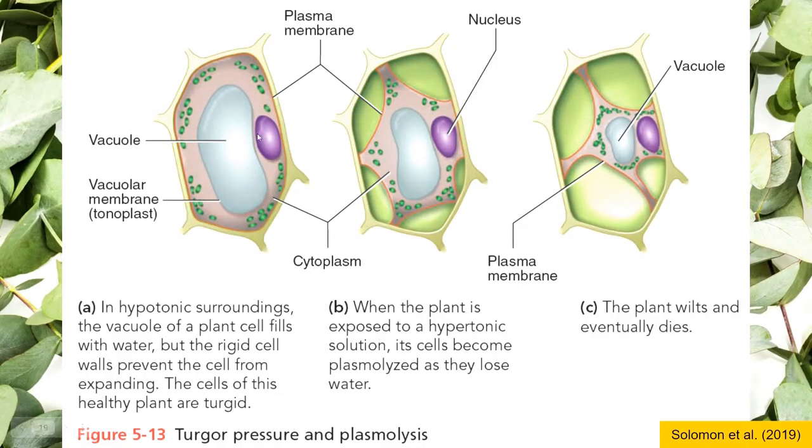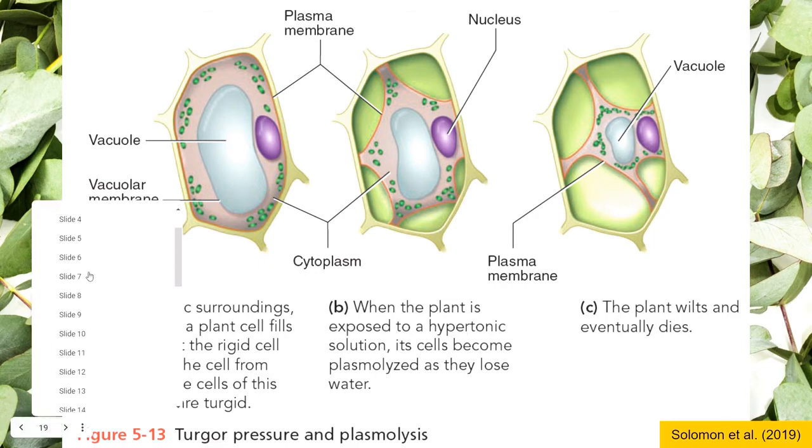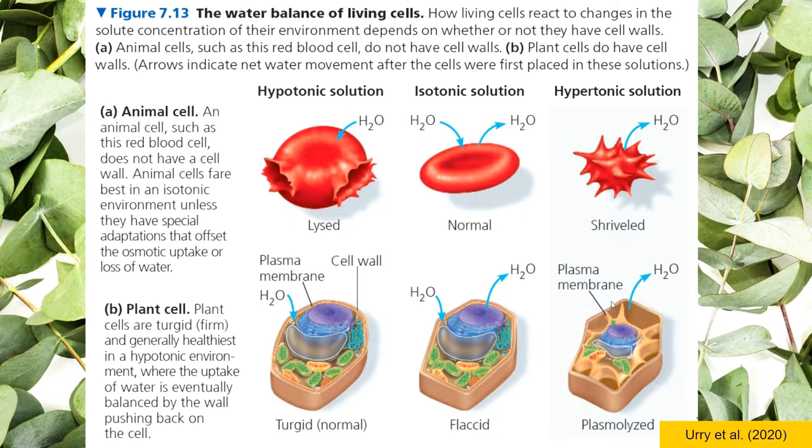So again, in a hypotonic solution, plants can take in water, but it will not cause them to burst, because the cell wall prevents that from happening. So the cells of this healthy plant are turgid, or firm. But when we expose plants to a hypertonic solution, water will leave the cell, causing them to shrink, or plasmolyze.